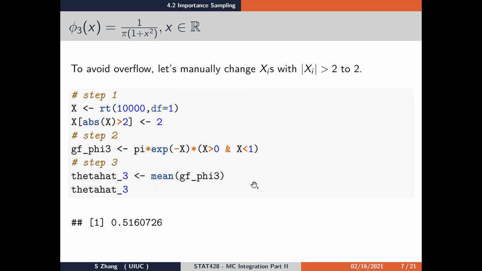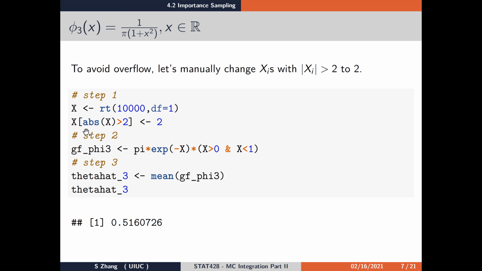So in order to avoid overflow, let's manually change the x_i's whose absolute value exceeds 2 to 2. This is done by adding an additional line after drawing the t random samples.